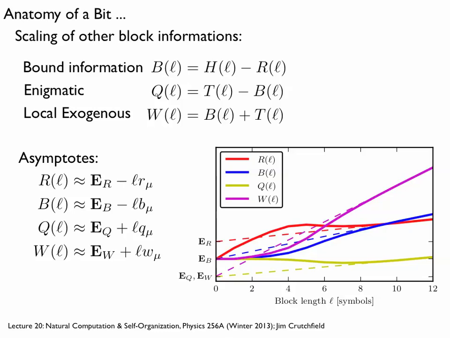And so on with these others. Okay, so this is just algebra. There are a few definitions going back to the n-variable definitions and rewriting these quantities for L blocks. And then you can easily write down these identities from their definitions, and then you ask, are there scalings? And all of them have a kind of linear asymptote scaling.